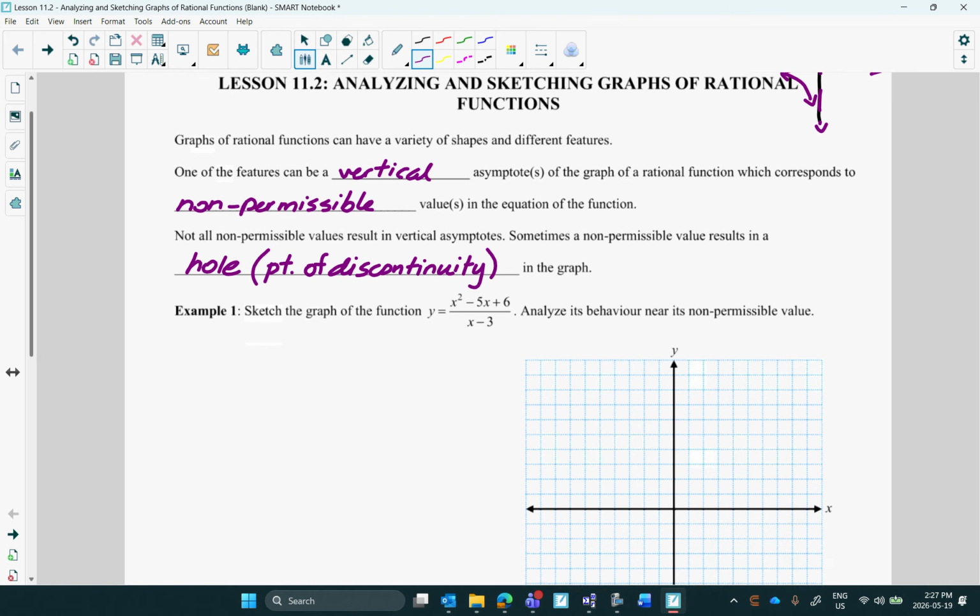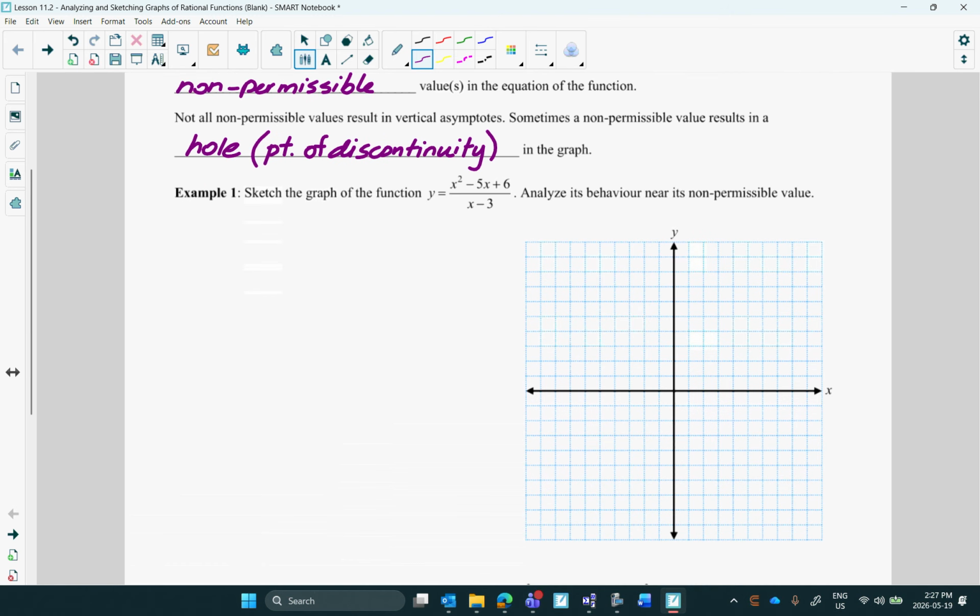So here as an example, I want to sketch this graph. First thing, whenever you see a graph that can be factored, do so, top and bottom. Now, normally I would get my vertical asymptote, my horizontal asymptote, and a couple of points and plot the graph.